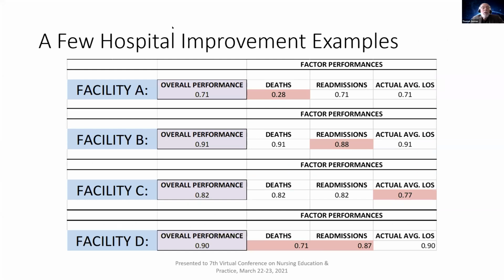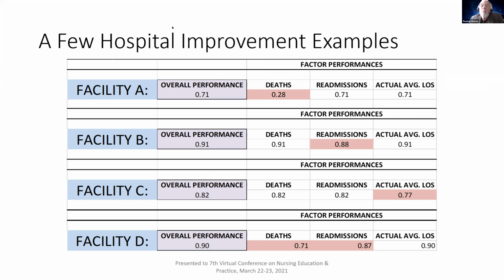This is the kind of feedback that we can give to individual hospitals. It's like giving them their report cards. If we go to facility A, we see it has an overall performance score of 71, which is not that good. That's a low C. And we say, well, that hospital is not doing very well. When we look at factor performances, this tells us where they can improve the most.